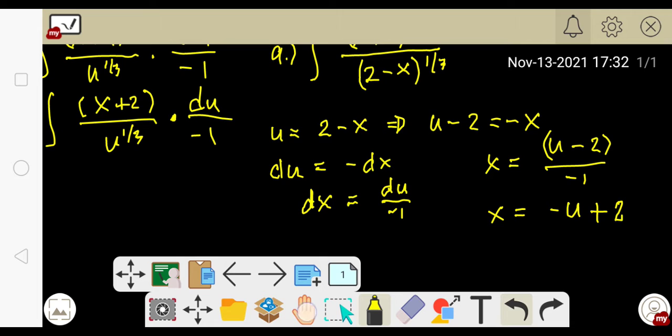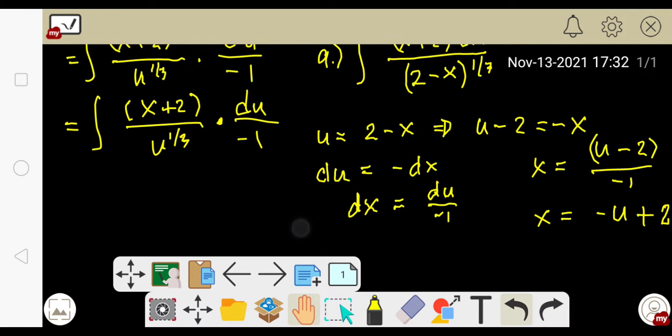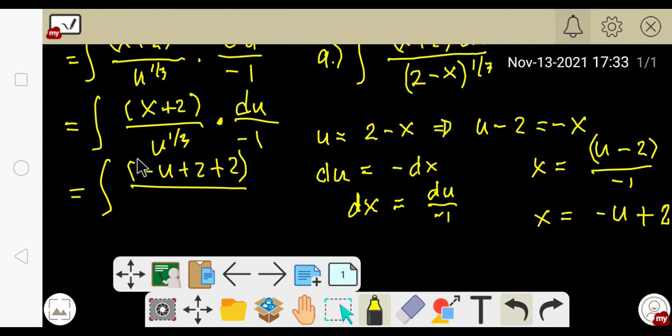So this becomes, what is our x? X is just equal to negative u plus 2, plus 2, all over u raised to 1/3, times du over negative 1.